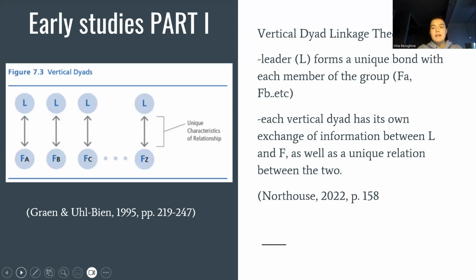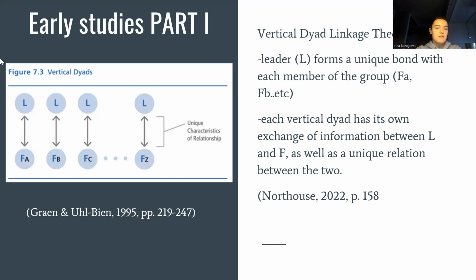So in the early studies, the vertical dyad linkage theory was kind of the first theory that they thought of before LMX. What it describes is a leader, identified as the L circle on the left side of the photo, who forms a unique bond with each member of the group.